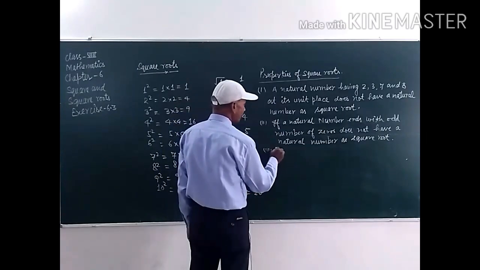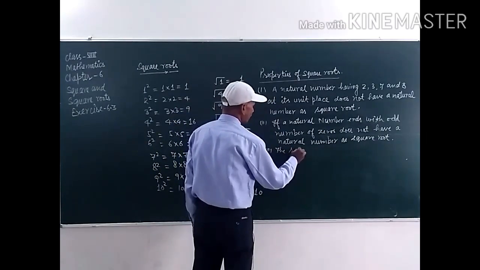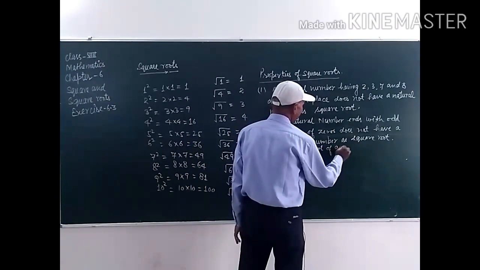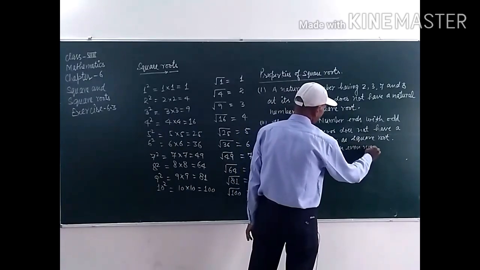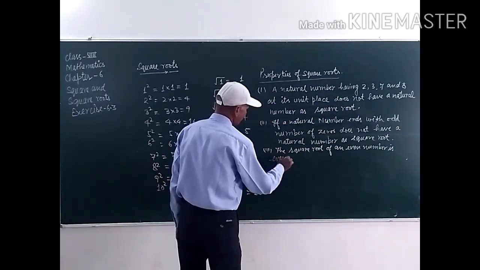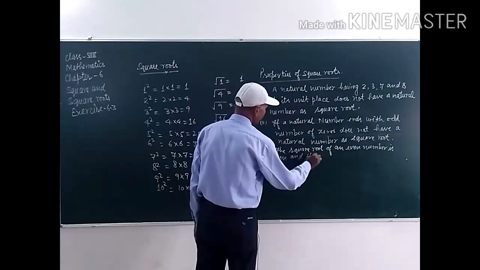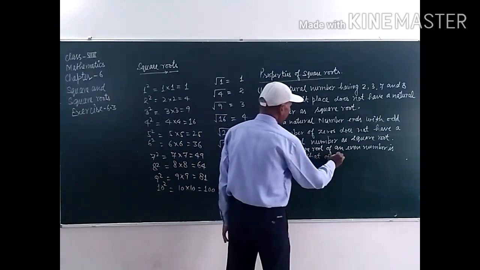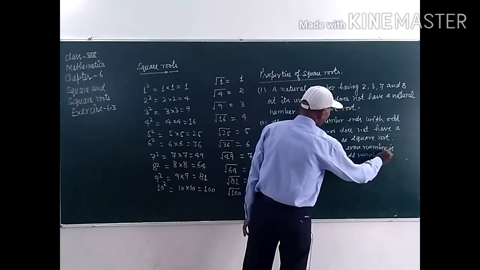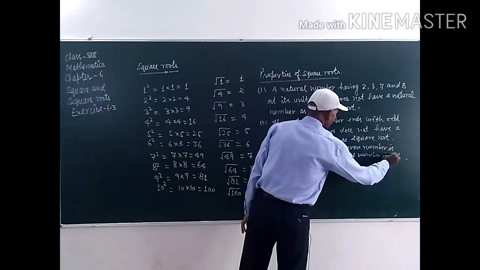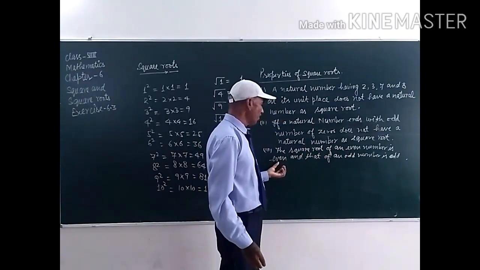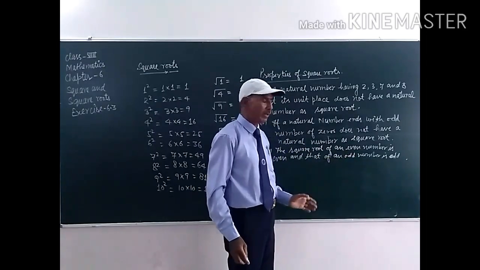And the third property: the square root of an even number is even, and that of an odd number is odd.